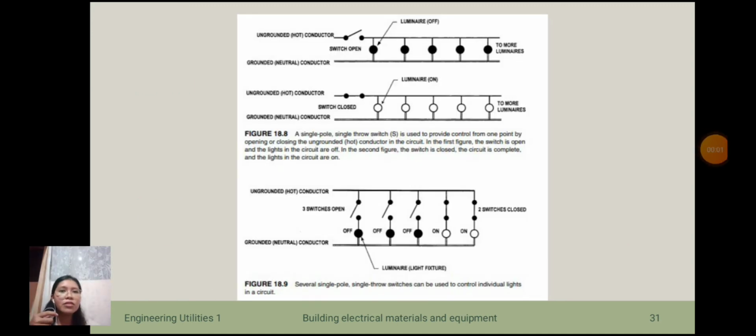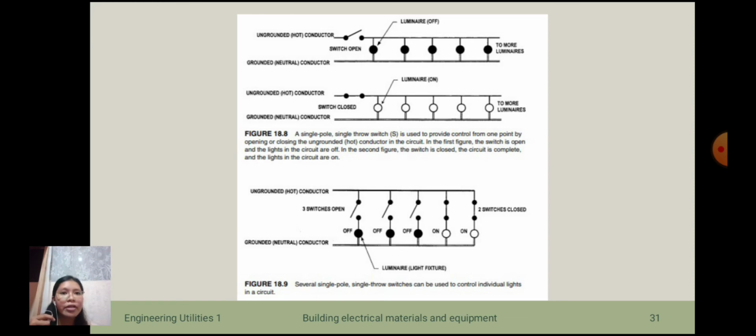So you can see here in figure 18.8, a single pole, single throw switch is used to provide control from one point by opening or closing the ungrounded conductor in a circuit. In the first figure, the switch is open and the lights in the circuit are off. While in the second figure, the switch is closed and the circuit is complete and the lights in the circuit are on.